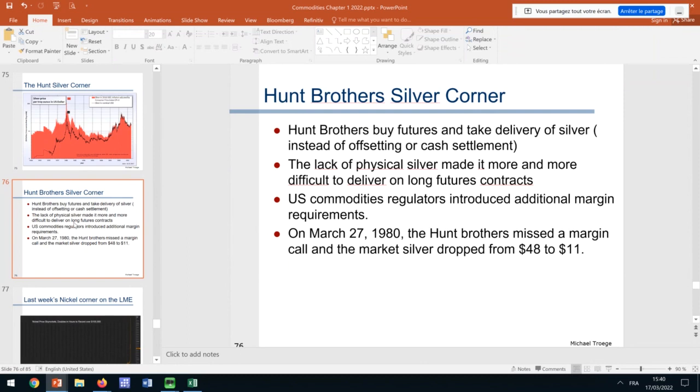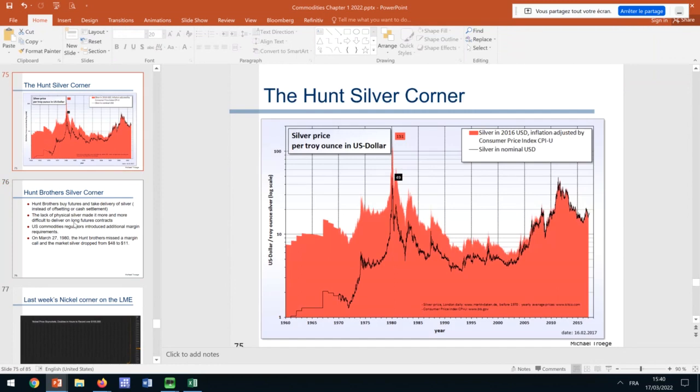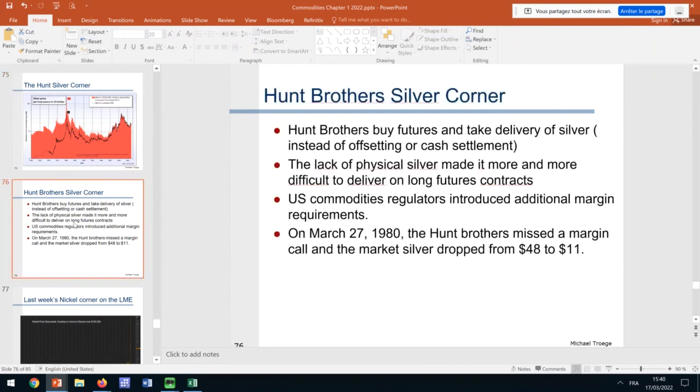You control the demand, you limit the supply, and at some point you have more demand through these futures contracts than supply, and then you can get these extremely high price spikes. In the case of the Hunt brothers, actually, they didn't make a lot of money from it because they missed a margin call.